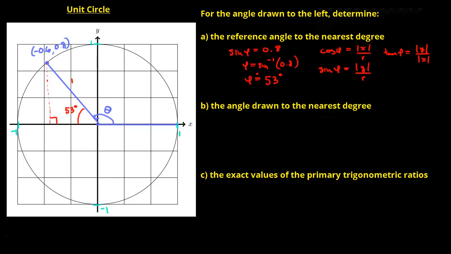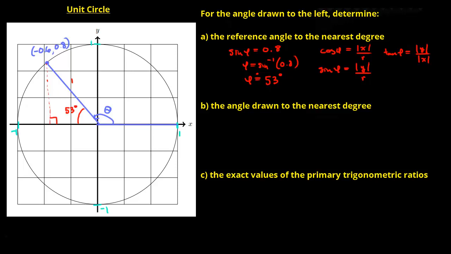If this angle is 53 degrees and we're asked to figure out what theta is, remember that if we draw an angle from the initial arm to this point here, and back down to the x-axis, then this angle would be 180 degrees.